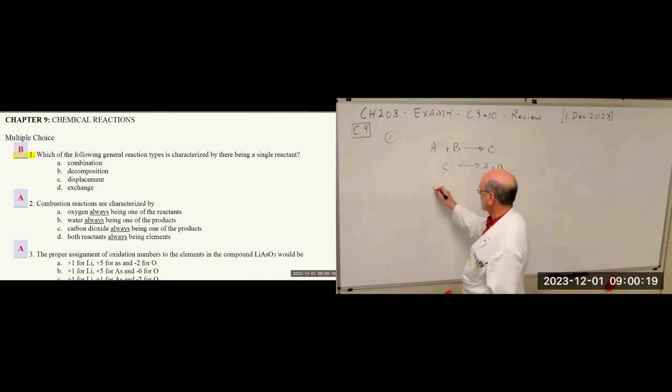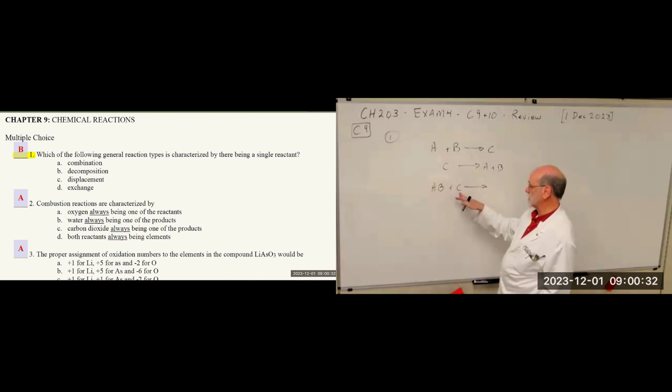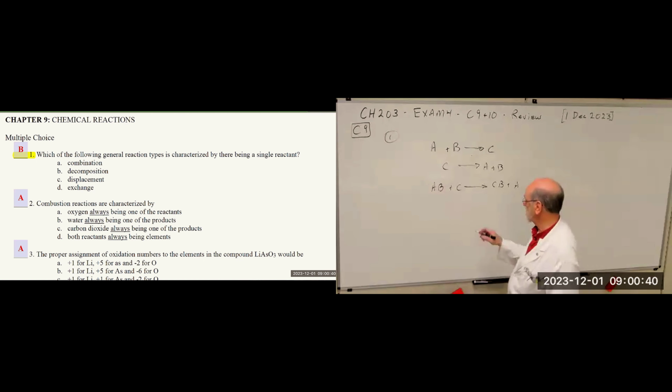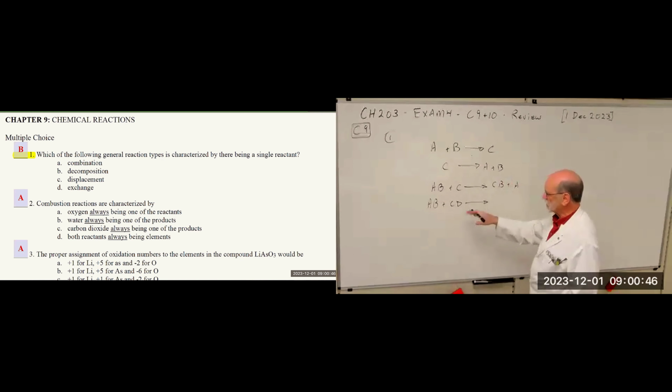Displacement, if you had AB plus C, and depending on what C is, let's say C is a metal, C would replace A. And exchange, lots of times these are aqueous solutions, not always, but very often.